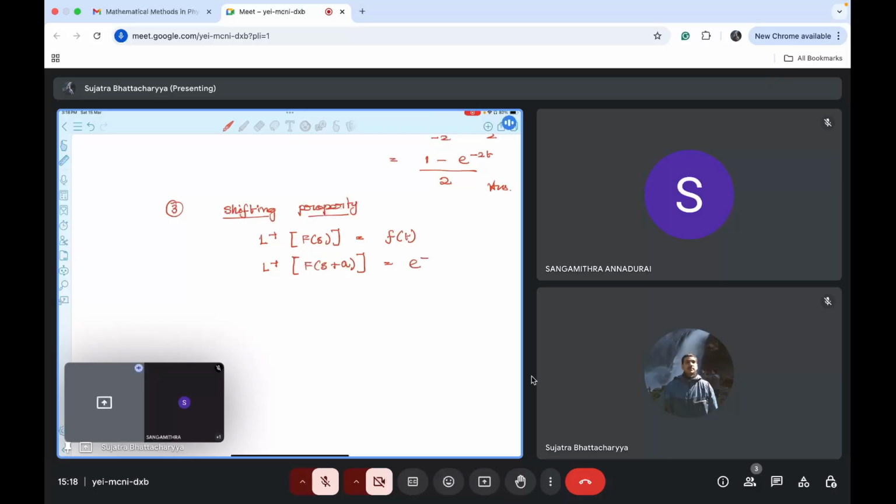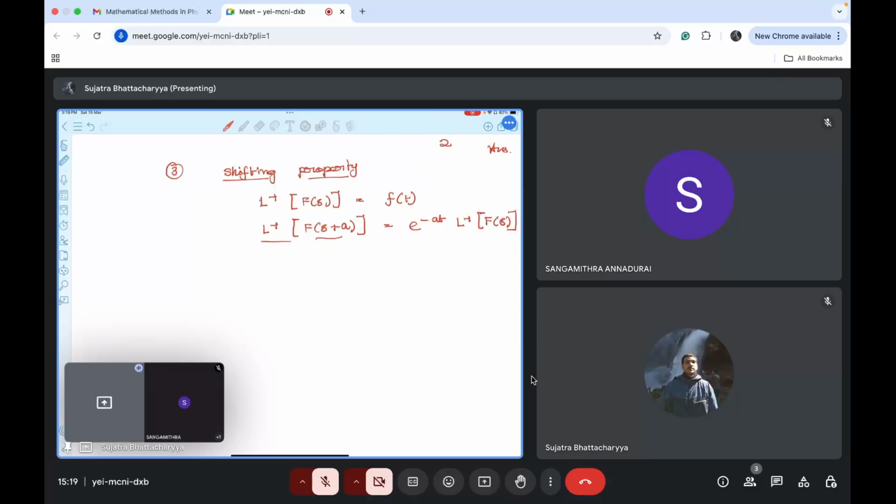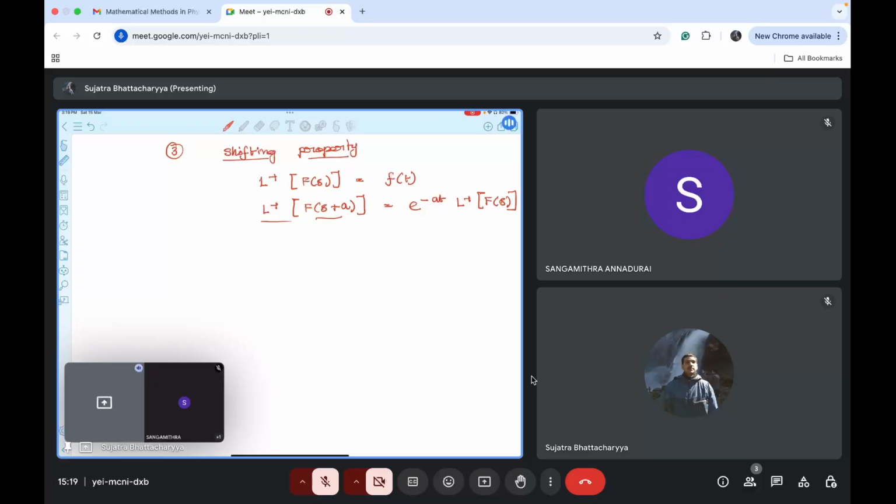It will be nothing but e to the power minus at times L inverse of F(s). This is exactly similar to the shifting property of the Laplace transform. But since we are doing the inverse Laplace transform, we are taking the L inverse of this. Okay, so this is how the shifting property looks like.